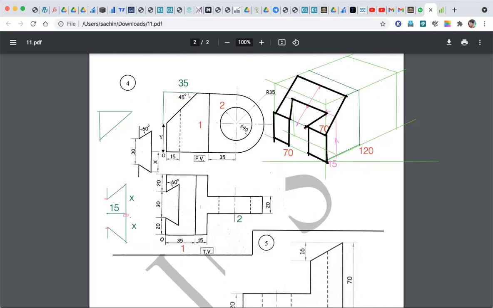So when you do that, you'll get this line. I'll do it with a different color. See this. And you join this way. Understood? This is what you need to draw.